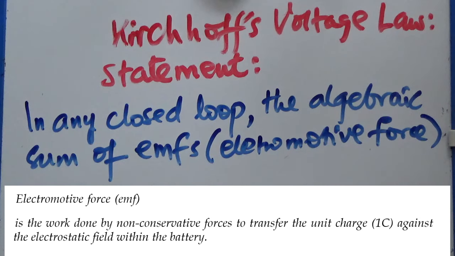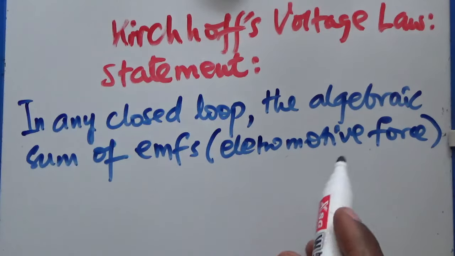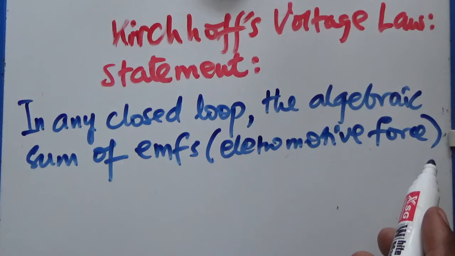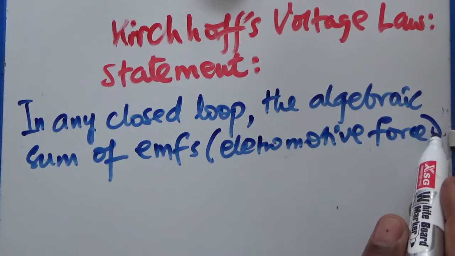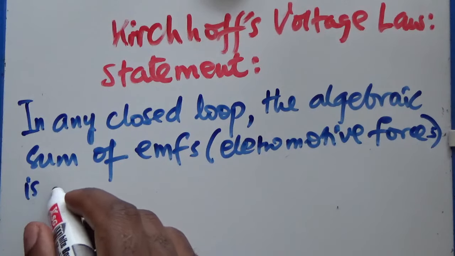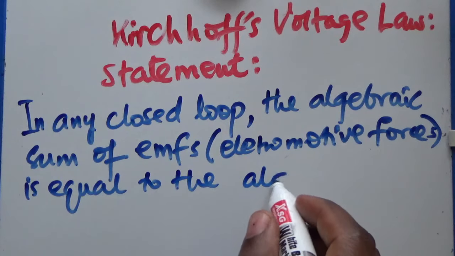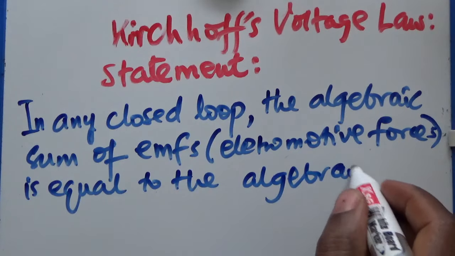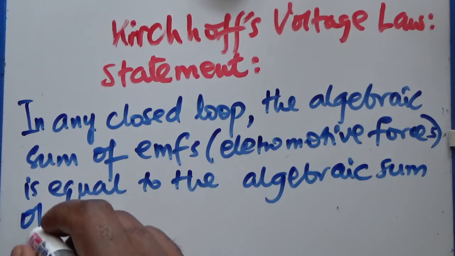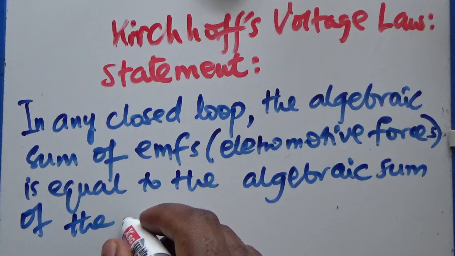So in any closed loop, the algebraic sum of EMFs, electromotive forces, is equal to the algebraic sum of the potential drops.